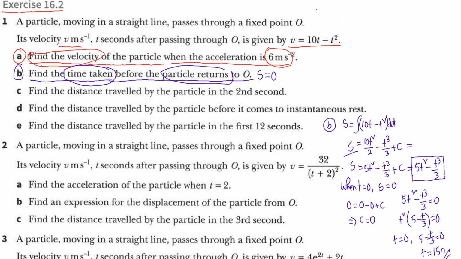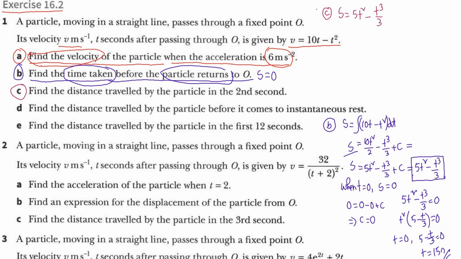Question C is written there: find the distance traveled by the particle in the second. So we already have the displacement expression, s equals 5t squared minus t cubed by 3.